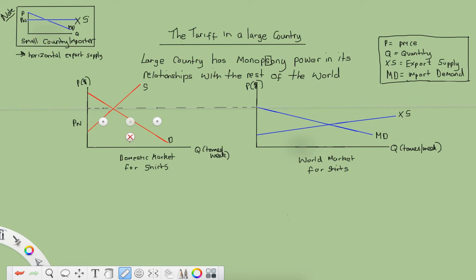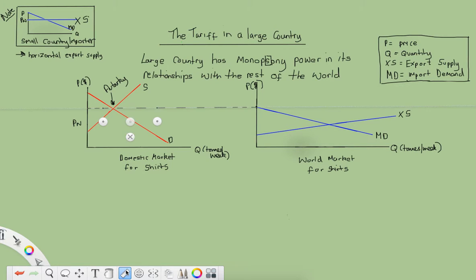And what that means is that this country, so we have this is the autarky price, then this country, the importer, must be so large that they are able to influence the price at which they trade on world markets. So here's this country's import demand curve that starts at the autarky equilibrium price for the import country. We have an export supply curve.